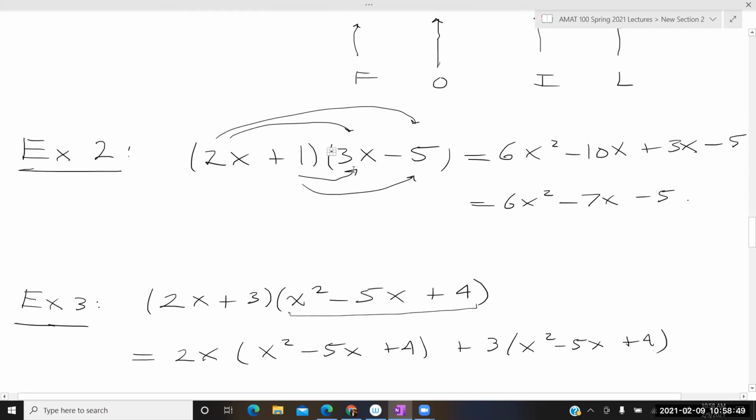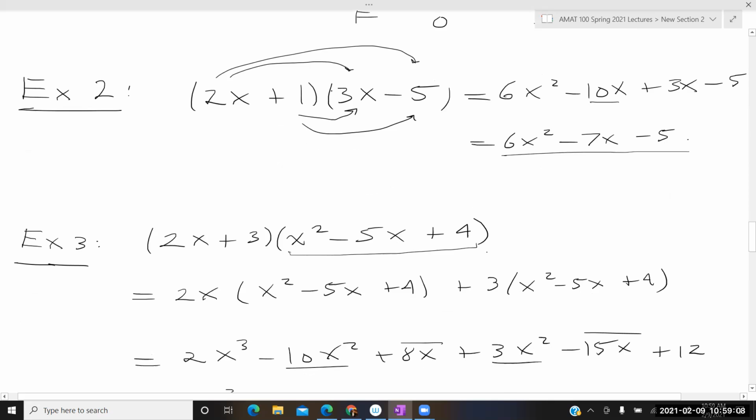So we just do this foiling here. You do 2 times x times 3 times x to get 6x squared. Then you do 2 times x times -5 to get -10x. And you just keep going through and you get this as your final answer after you simplify.